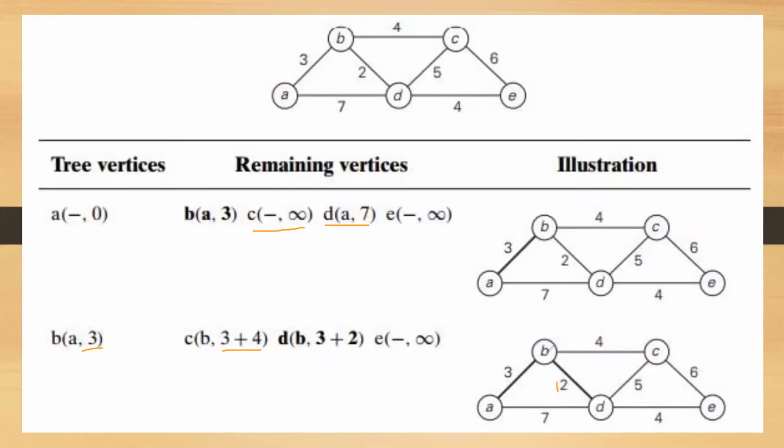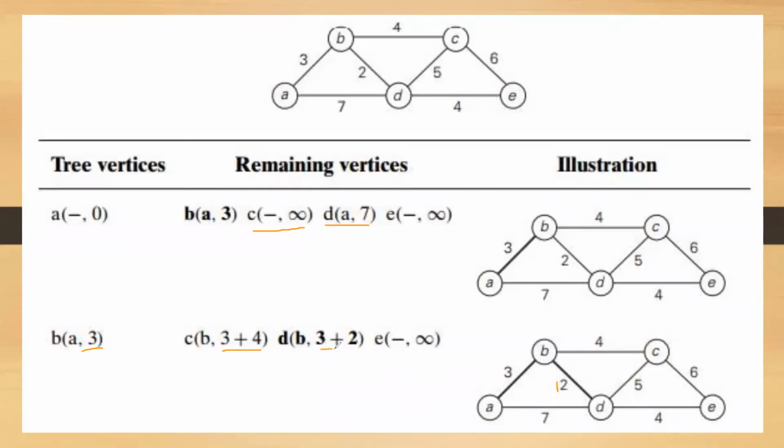Distance of B is 3. 3 plus 12 is 15. Now compare whether that 15 is lesser than 7. No, 15 is not lesser than 7. Isn't it? In that case, don't update this D. Keep this D, A comma 7 as it is here. No updations. If the value that is calculated is lesser than the previous value, then only update.